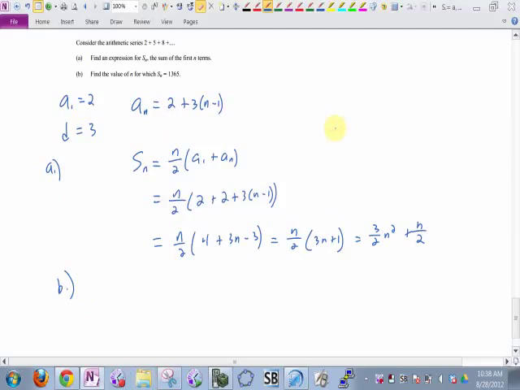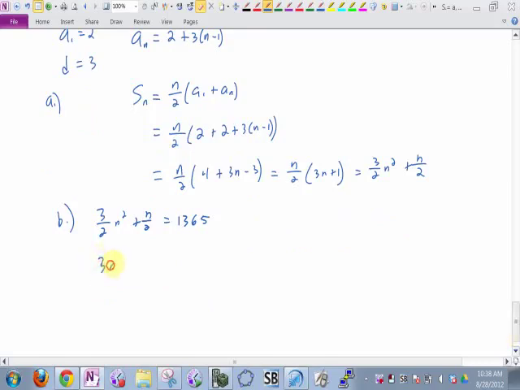I want to set 3 halves n squared plus n halves equal to 1,365. I hate fractions, so I'm going to multiply everything by 2. So what do you get when you double that? 2,730?